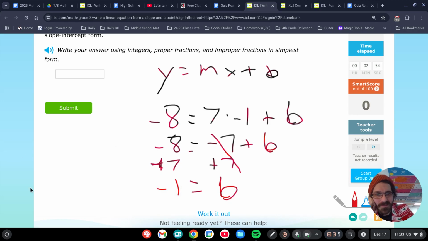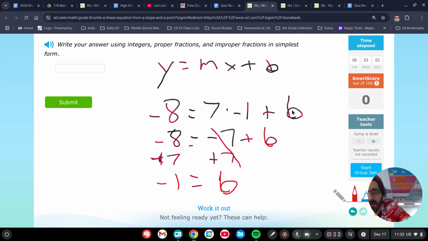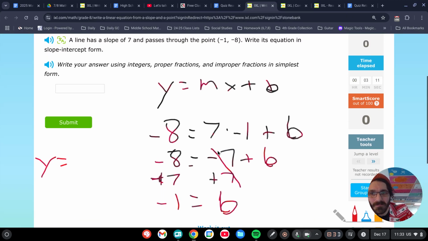Now once I've done this, I can rewrite the equation with the slope and the y-intercept like we've been doing with linear equations. I keep y as a variable. I plop in the slope, which I believe is 7. Let's double check. Yep. 7 times x. We'll keep x as it is. And then we're going to put the y-intercept, which we've determined is -1.